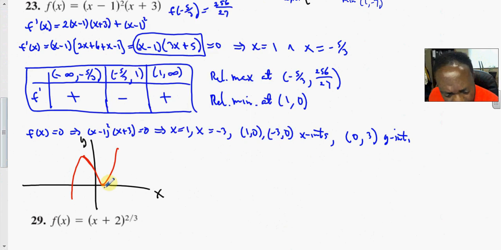Hope this color comes out. So this is the minimum, (1, 0). This point was our relative maximum.